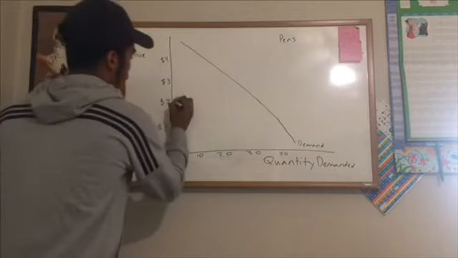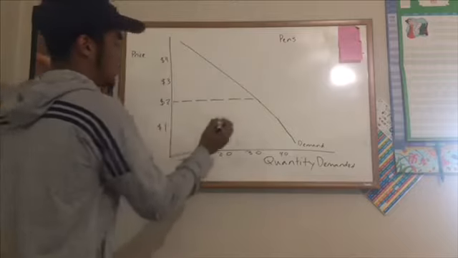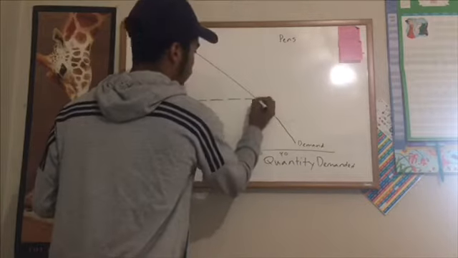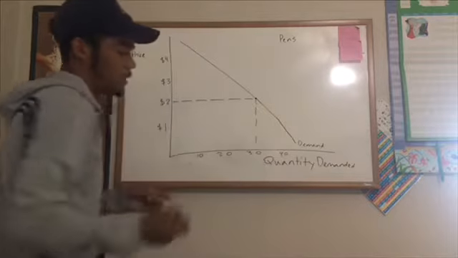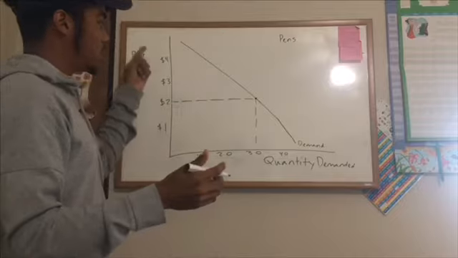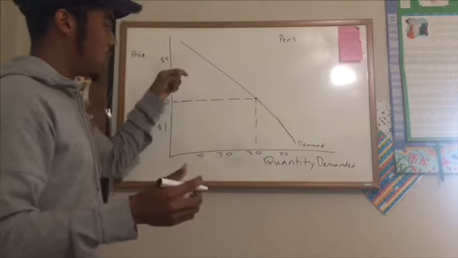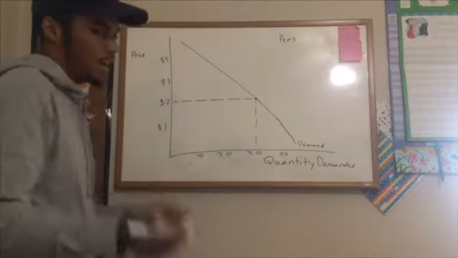You draw a line until you hit the demand curve from $2, then bring it down until you hit 30. So at $2, consumers will have a quantity demanded of 30 pens.